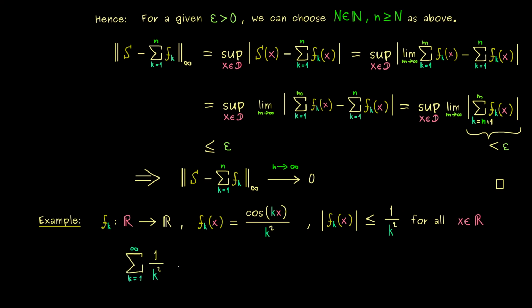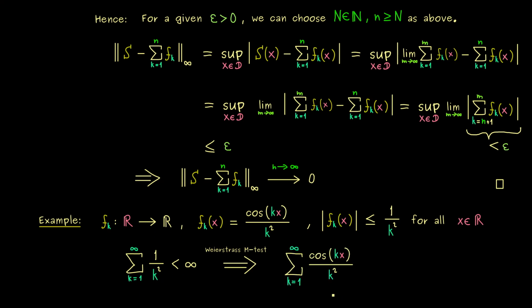And now you only have to know that the series of 1 over k squared is convergent to apply the Weierstrass M-Test. And there are different possibilities to show this, but it's definitely not too complicated, and a basic result you definitely should remember. And indeed, we can immediately make use of that with the Weierstrass M-Test.